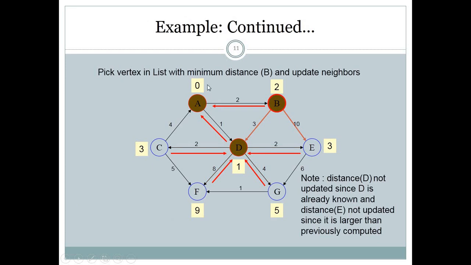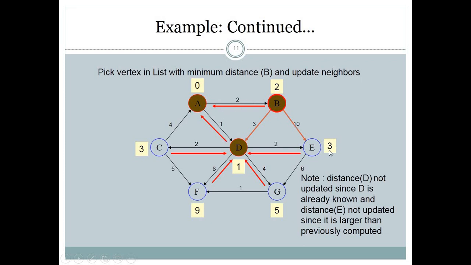Now let's check if we consider node B, whether our minimum distance is changing or not. The B node is in contact with D and E. If we add distance 2 plus 10, that will be 12, and the minimum distance from A to E is already 3, so we cannot replace it.